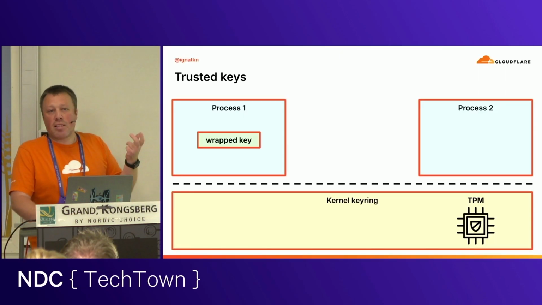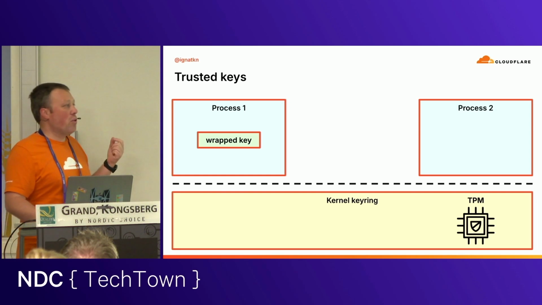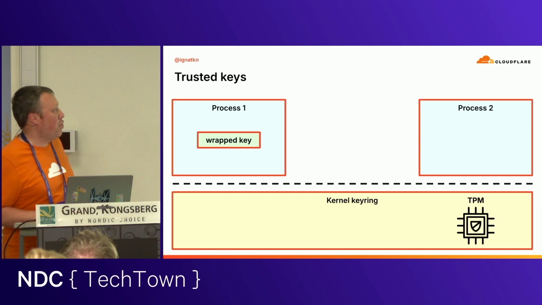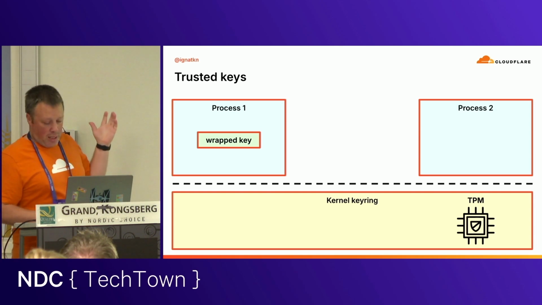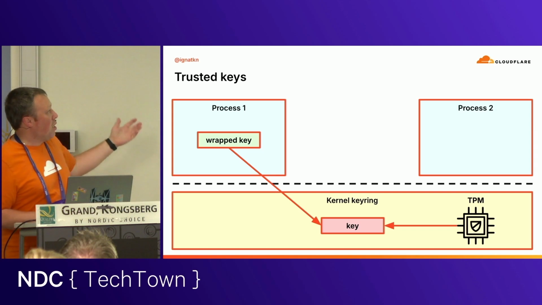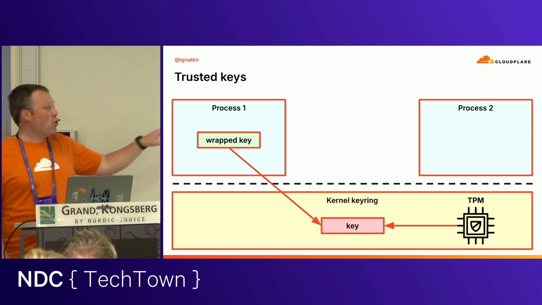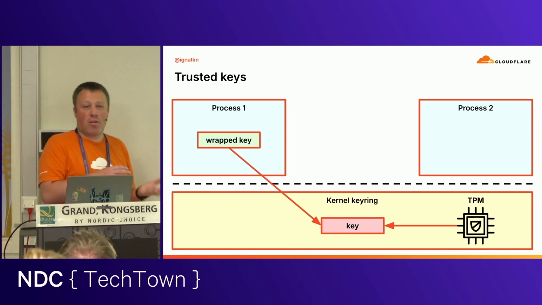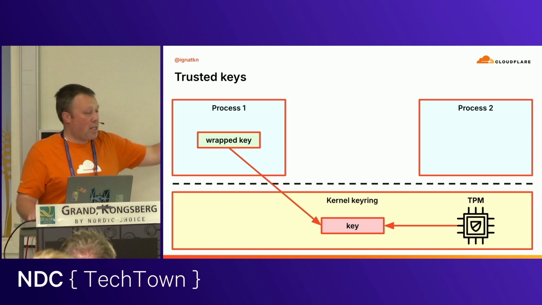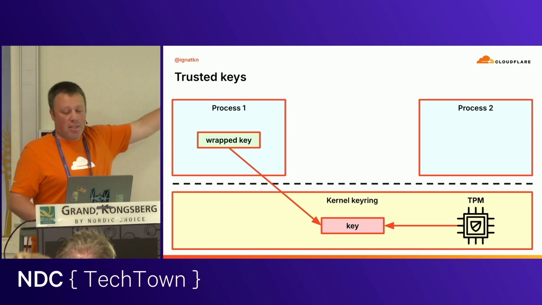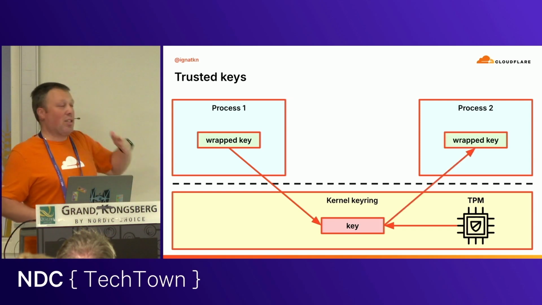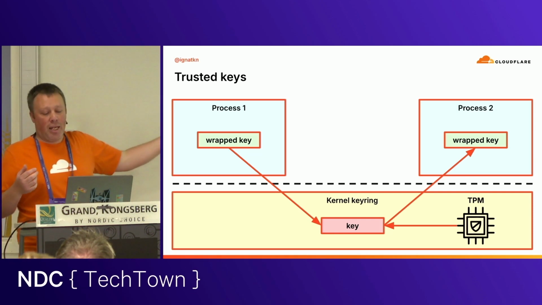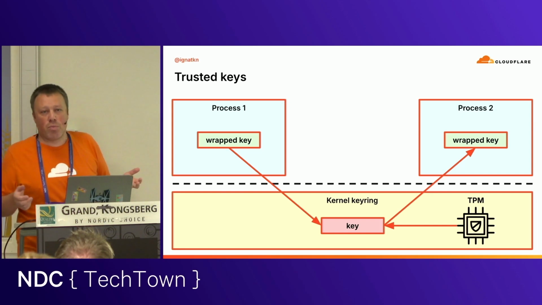Imagine you have some plain text cryptographic material you can share with the kernel: you can, out of band, encrypt it to your particular machine's TPM and create an encrypted blob. If you provision it as a trusted key, when you put it inside the kernel it will automatically use the TPM and unwrap the key inside the kernel address space. Inside the kernel address space it will be the plain text cryptographic material, and outside it's an encrypted blob. When you try to read it back, the kernel will automatically wrap it again. So you cannot have plain text cryptographic material in user space.